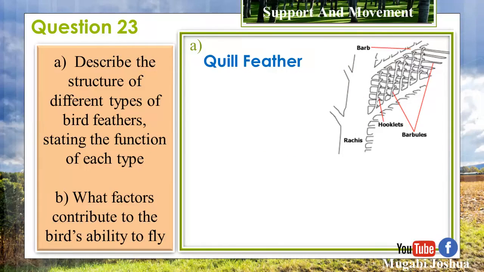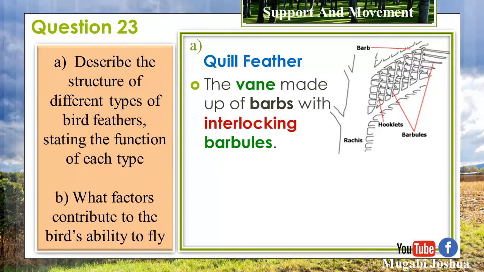Still looking at the quill feather, you will see that the vane is made up of barbs with interlocking barbules. If you look at the rachis going up, there are branches, the barbs.